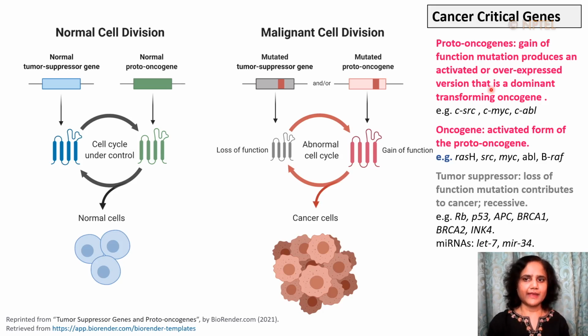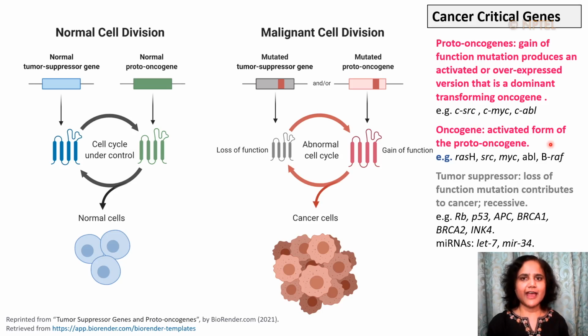So examples of proto-oncogenes are c-Src, c-Myc, or c-Abl. The prefix c refers to cellular, and this implies that this is the proto-oncogene version of this transforming gene.